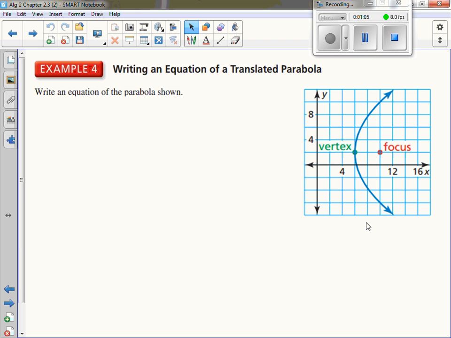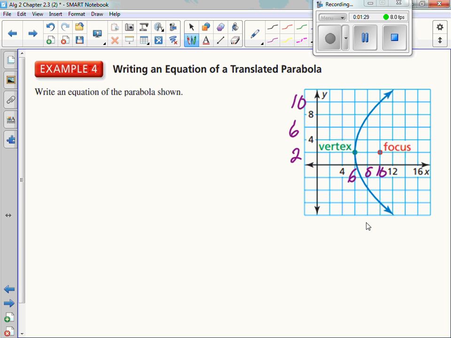Now, when we look at this here, we see what the vertex is because they labeled the point here as the vertex. Now this is going 4, 8, so this is actually stepping by 2. And 2, 4, 6, 8, 10.